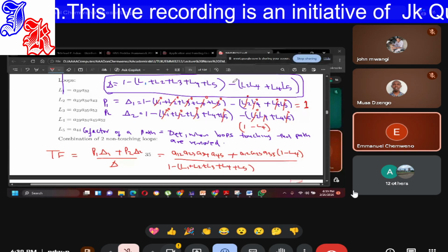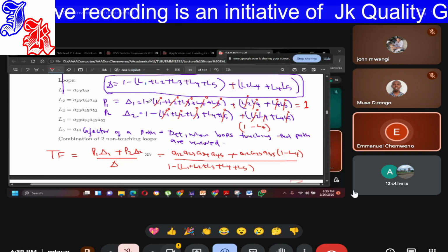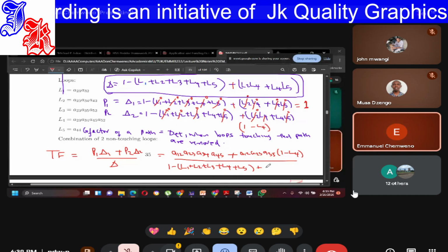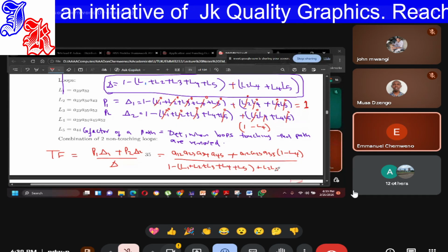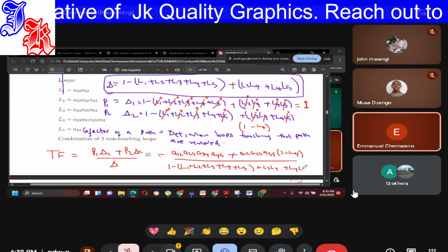It's 1 minus and then plus, yes. Plus, I'm sorry for that, plus loop 2 loop 4, plus loop 4 loop 5.